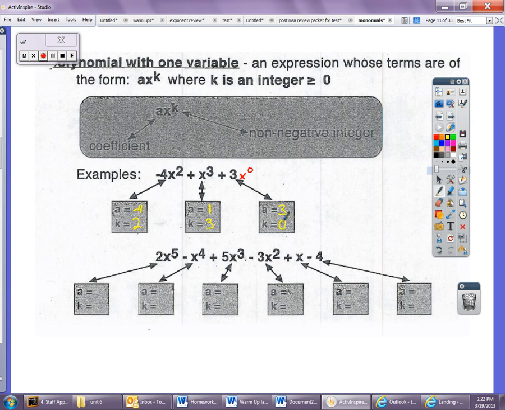If we look at this one, again we have a is 2, exponent is 5; a is negative 1, exponent is 4; a is 5, exponent is 3, so k is 3; a is negative 3, k is 2; we have 1 and 1; and then we have negative 4, and k is going to be 0.